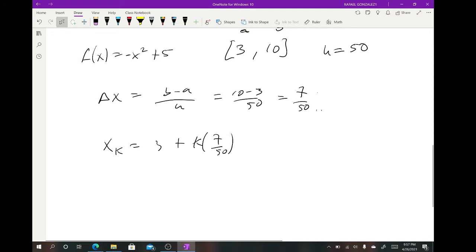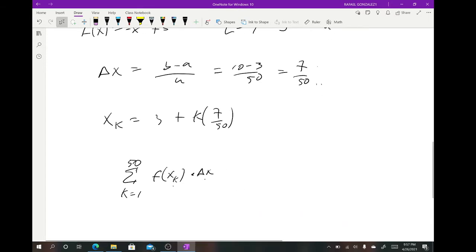So when we find the Riemann sum for this area, we're looking at the sum from k equals 1 to 50, because n is 50, of f of xk times delta x, where f of xk is the height and delta x is the width.